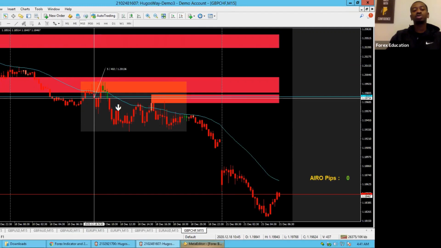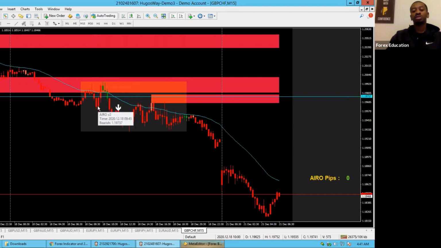Didn't come anywhere near close to it. 20 pip take profit, you smashed that. But we take the first candle inside the money zone that broke below that line, which is this one here. We're out in 30 minutes. And if you got a late entry, you still made profit.